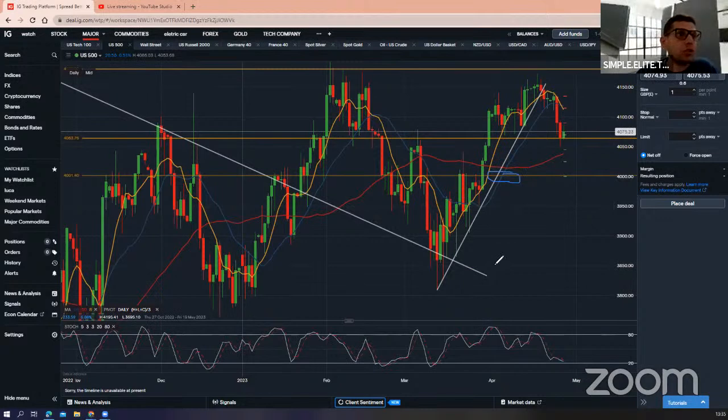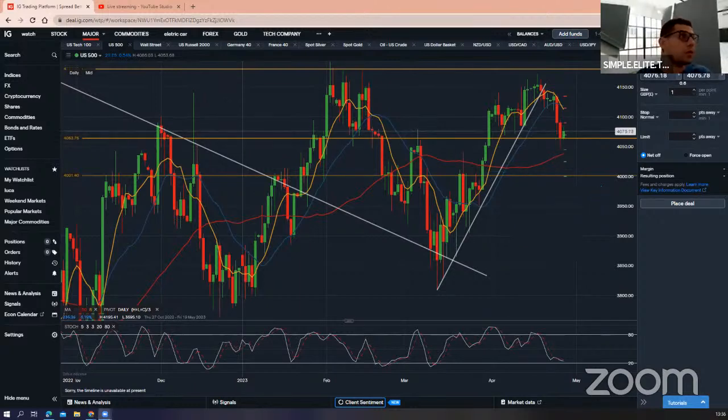We could reach below the 4000, like 3900. Or price could break this one, go higher, and then start to buy again. So this is the view on the S&P 500.